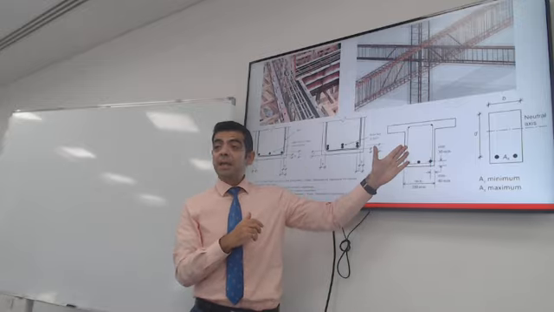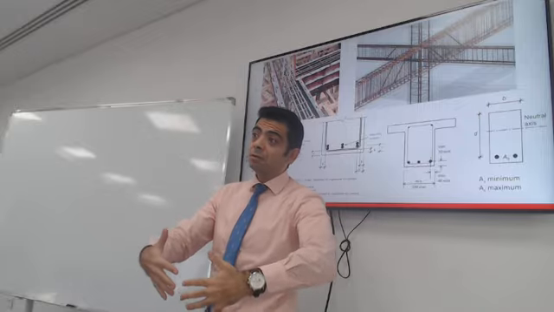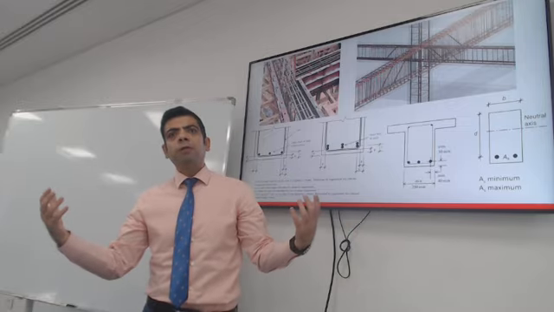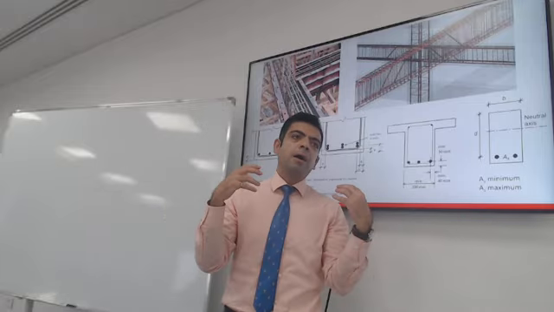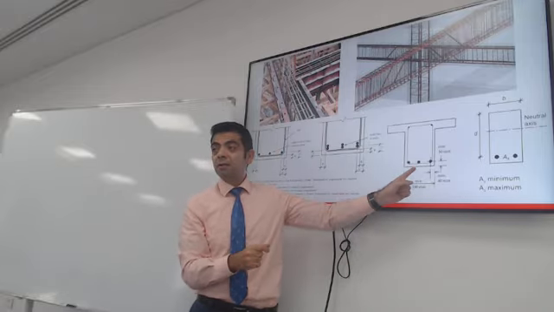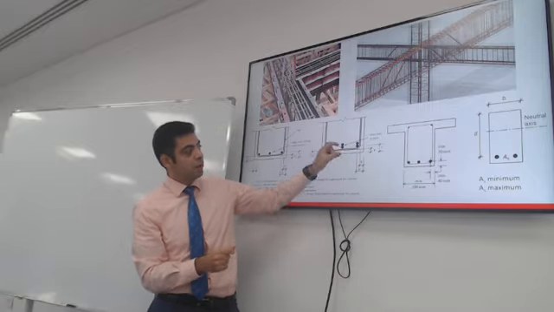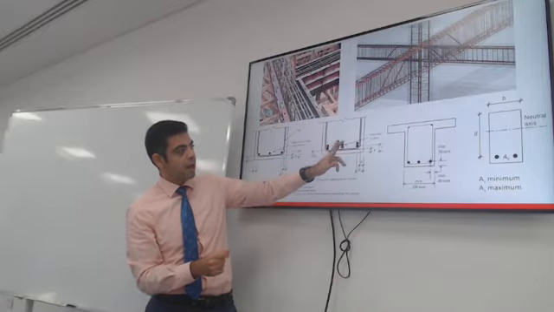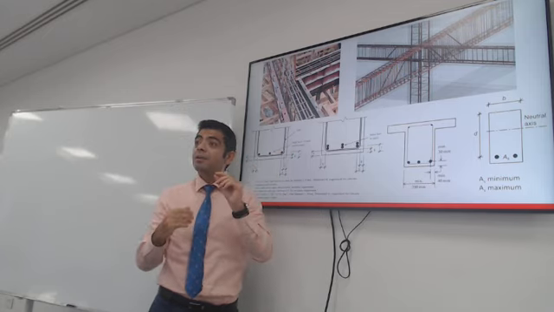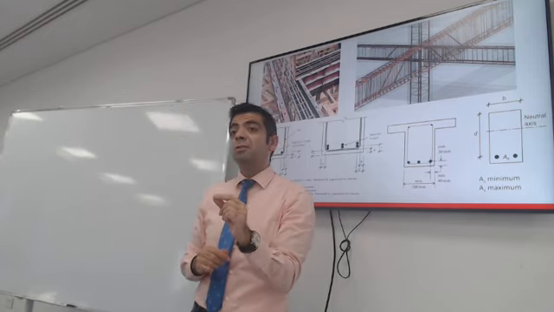If this beam was buried in the ground, it's probably exposed to soil, different chemicals maybe, moisture. So you want to protect the steel. This is why there is a cover from the bottom side and cover from both sides of the beam. This cover is very important to protect your steel.